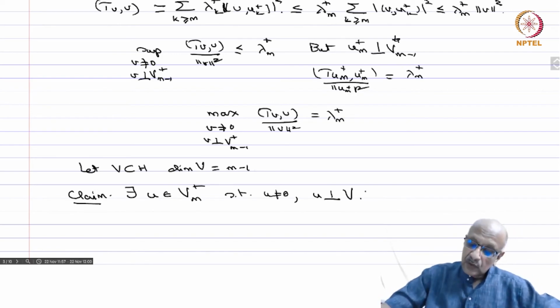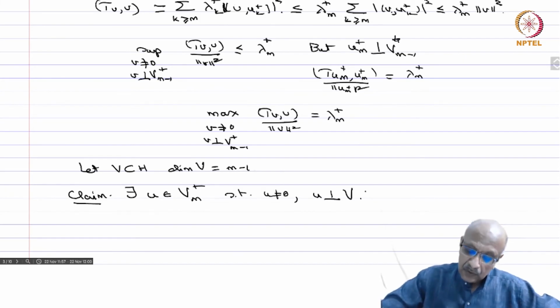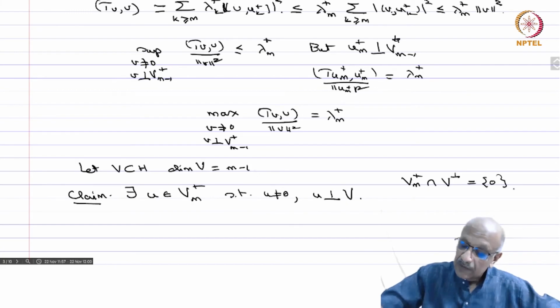Why is this so? We can argue in two different ways. Suppose this is not true. That means there is no non-zero element which is orthogonal to all of V. That means V_m^+ intersection V perp is the singleton 0. That is what we are saying.